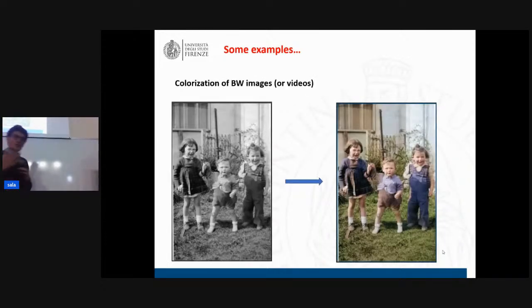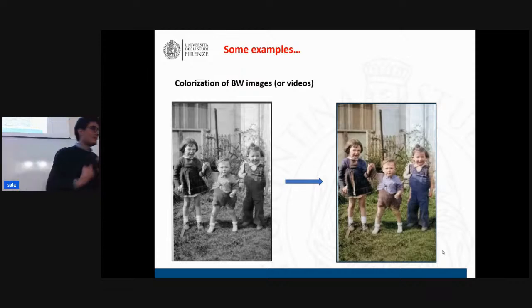Another example, which is particularly relevant for this Lippmann event that we are at today, is colorization. You can make a neural network learn how an image in black and white would look with colors. Of course, this is by no means physically accurate.